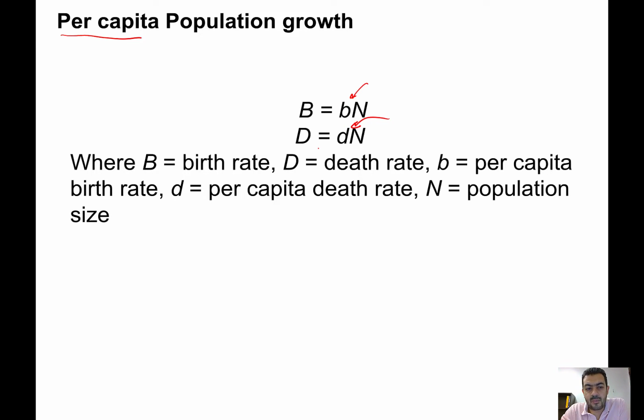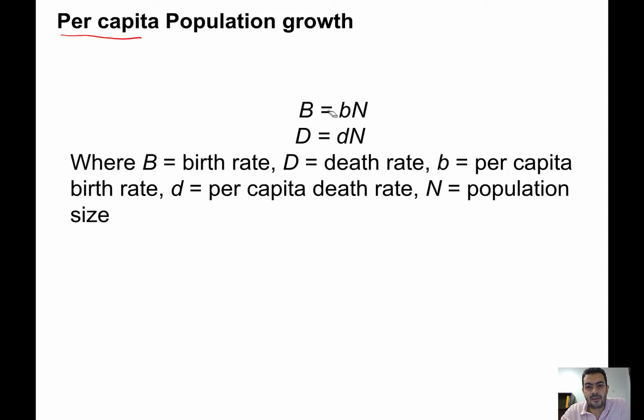Small b is the per capita birth rate, small d is the per capita death rate, and the big ones we have already defined in the previous slide. So this is the birth rate of the population, this is the death rate of the population, and N is the population size.